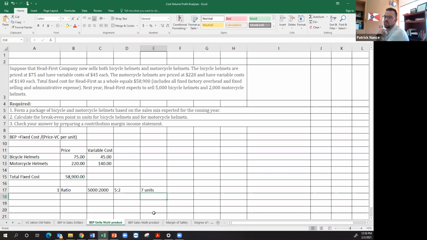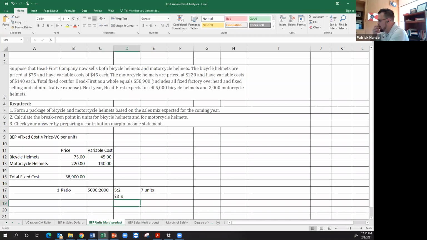5, and because we only use whole units, 5 units of the bicycle helmet and 2 units of the motorcycle helmet. But really, we could form packages in any amount that is a multiple of those. So it could be 10 and 4. That would be another option.